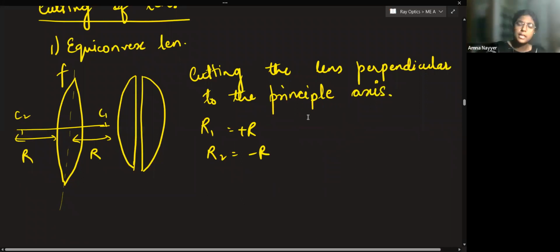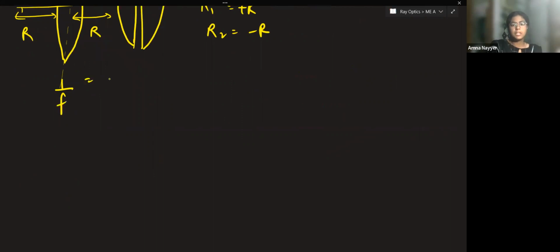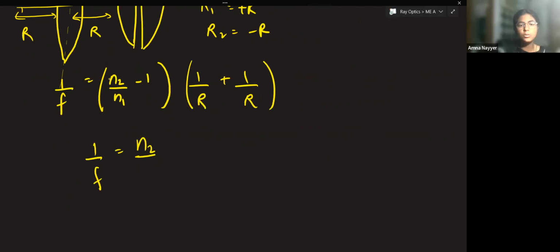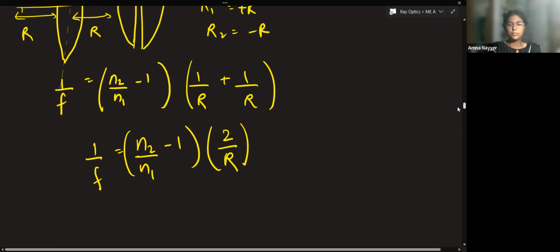Now put this into the lens maker formula. 1 by f is (n2 by n1 minus 1) times (1 by r minus 1 by r2), which is 1 by r plus 1 by r. So this becomes 1 by f is (n2 by n1 minus 1) times 2 by r. This is the general lens maker formula.